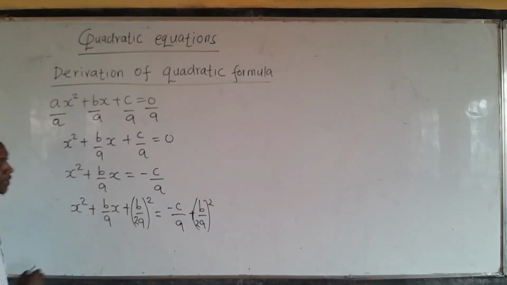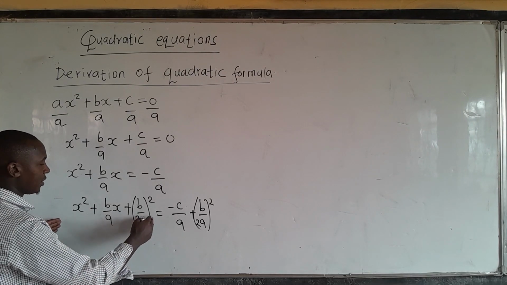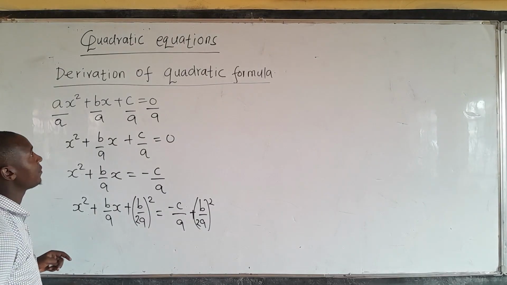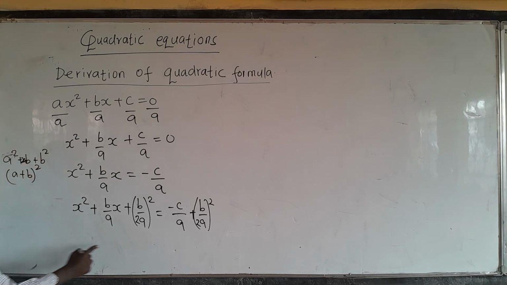Alright, so the next thing we want to do is notice that on the left hand side, this is a perfect square. The way we can write a perfect square like a squared plus 2ab plus b squared is as a plus b squared, and that is exactly what we have here.